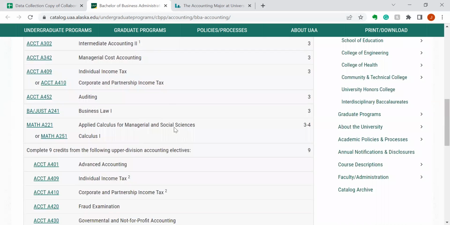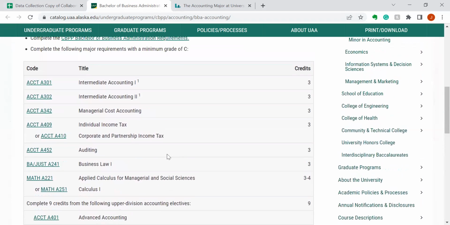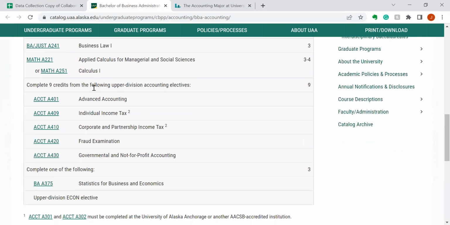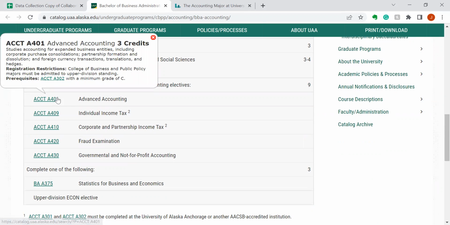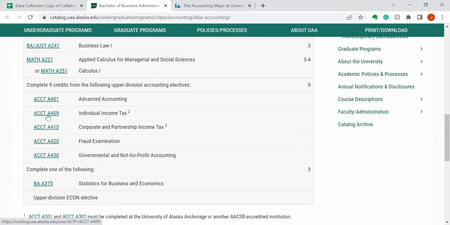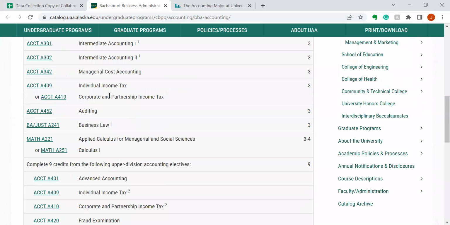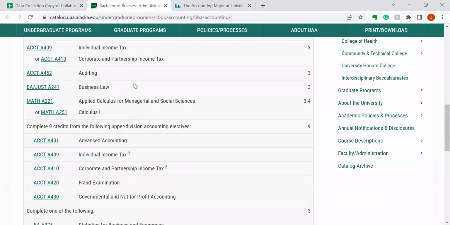But then if you look down here, we know that they need 9 credits, and all of these, I'll spare you going through and looking at all of them, I promise you they're all 3 credits, right? So 3 credits, 3 credits, right? So we know 3 times 3 is 9. So they would have to take 3 of these options, but we already know based on this, they had to have taken individual income tax or corporate income tax.